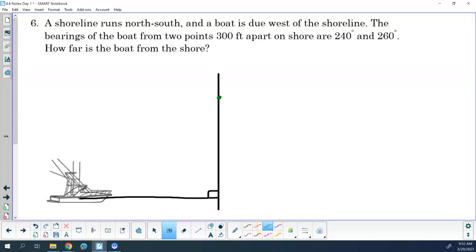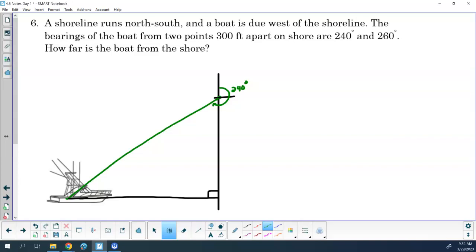So 240 degrees would be not quite far enough. Where this angle here is 240 degrees.